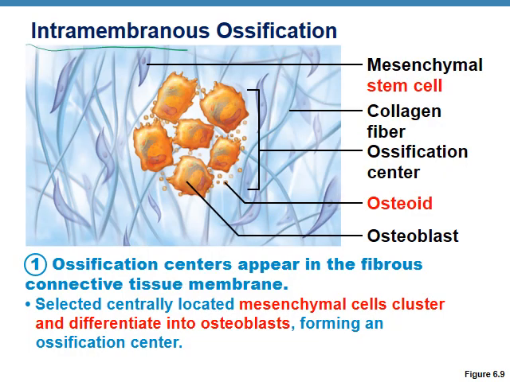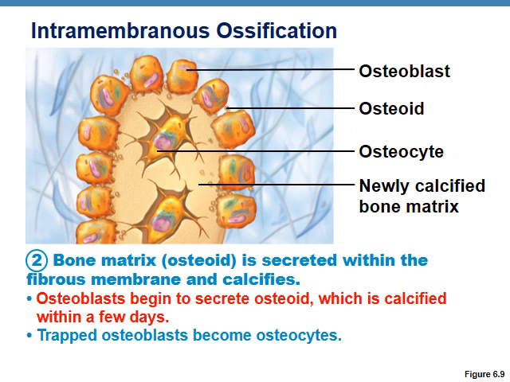First, in intramembranous ossification, we're going to start with stem cells. Remember, this is happening in the embryo or developing fetus, right? So we have stem cells that come together, and they're going to differentiate into osteoblasts. These are osteoblasts, and you can see they're secreting matrix, and these are called osteoids, right? Next step, when we see these osteoids that are secreted, they're going to start being calcified or mineralized. And this is a great picture showing you an osteocyte that's now been trapped by bone mineralization.